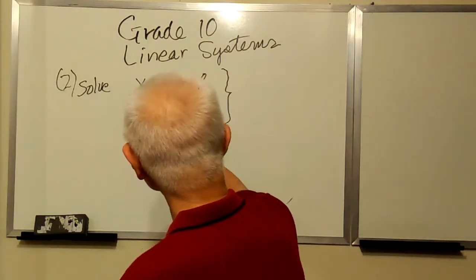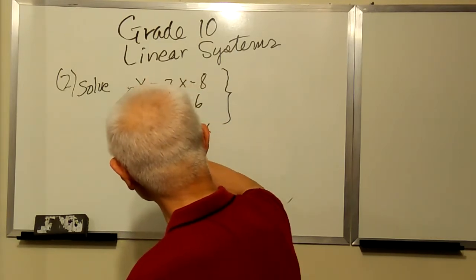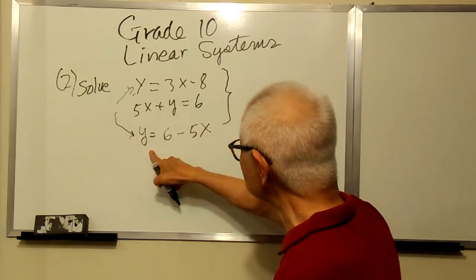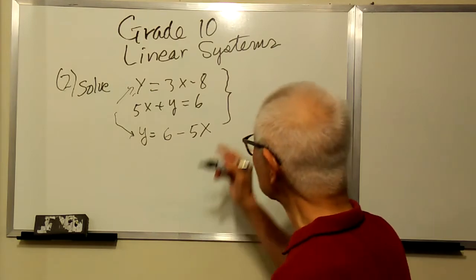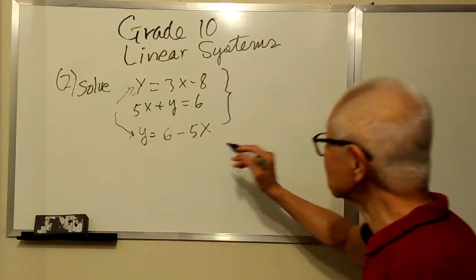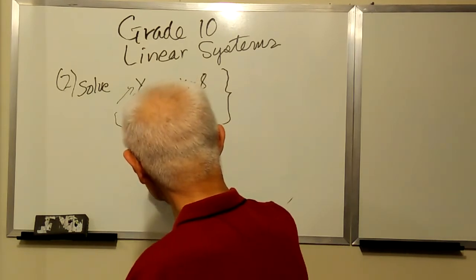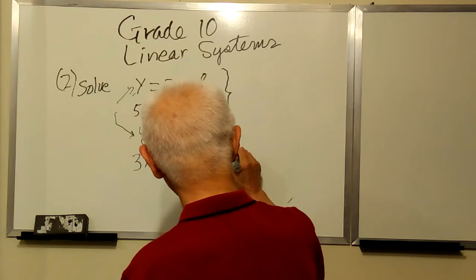Now, with this and this, I have y on the left-hand side, y on the left-hand side. The left-hand sides are the same. Therefore, the right-hand sides should equal each other. Therefore, 3x minus 8 is equal to 6 minus 5x.